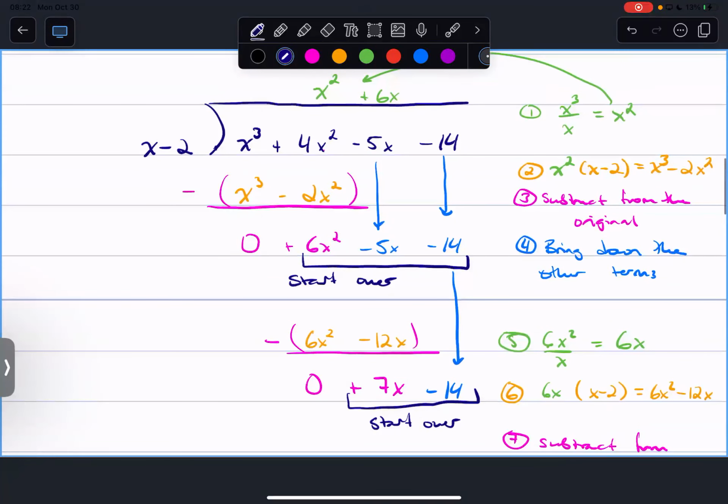Like I said, as long as you're methodical about it, nice and slow, then it's really fun, I think. Okay. Starting over, 7x divided by x leaves me with plus 7.